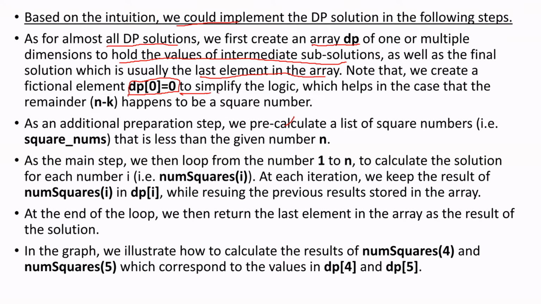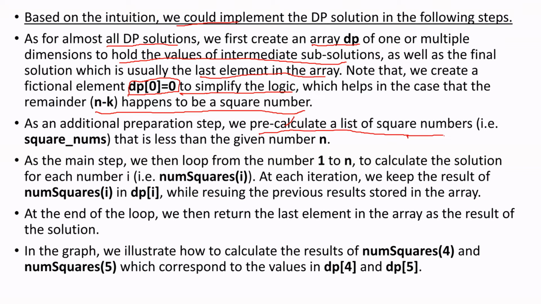3 points we have to take care, which helps in the case that the remainder n minus k happens to be a square number, right? So as an additional preparation step, we pre-calculate the list of square numbers, right?